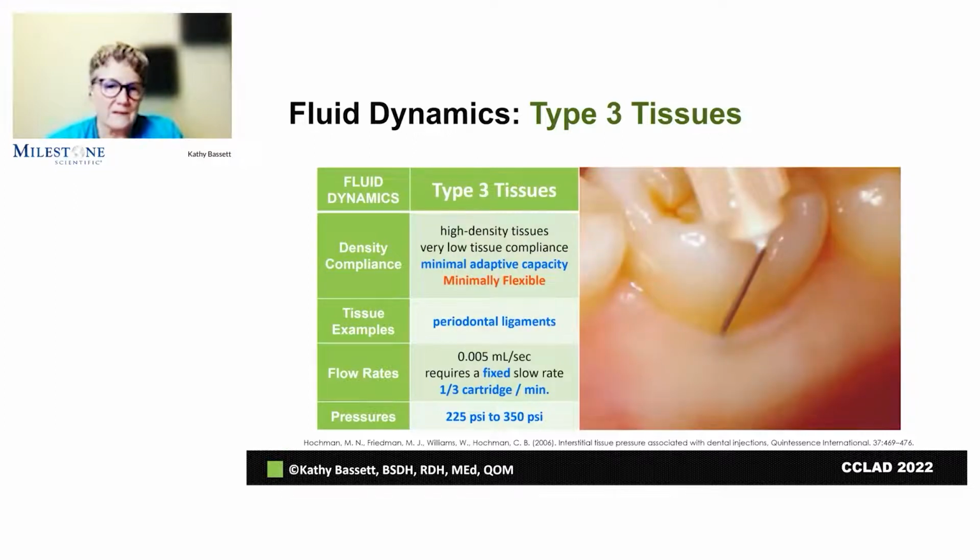And then the most resistant is when we're doing periodontal ligament injections. And to move solution through the periodontal ligament space, it's going to be a much slower rate again at approximately 1/3 cartridge per minute. But the force needed to continue that deposition is going to be about 225 PSI to 350 PSI.